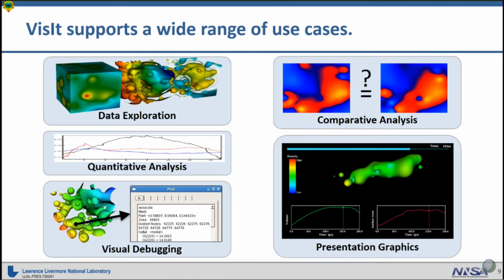Once you've done that, you want to do some things more quantitatively, so you want to get actual numeric values out. You might query individual values of data in your data set. You might do queries to find out what the min and max of a field is. You might do queries over time where you look at some value and plot it as a function of time.